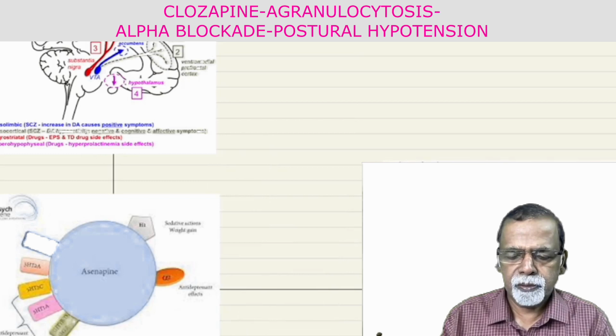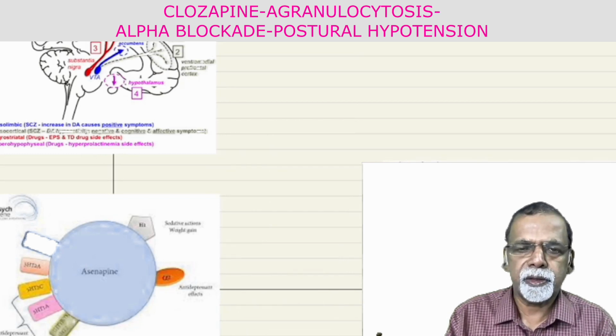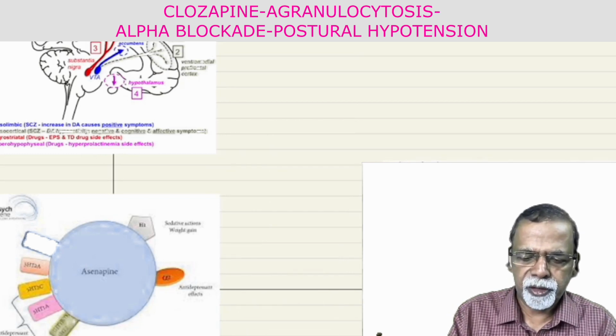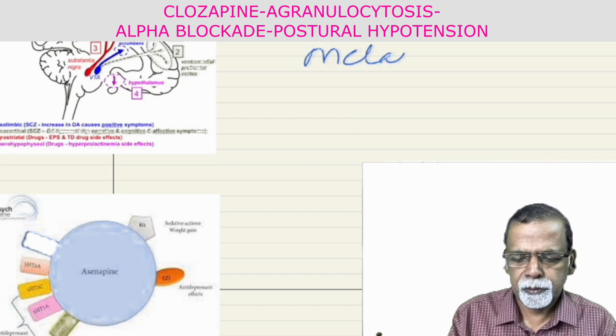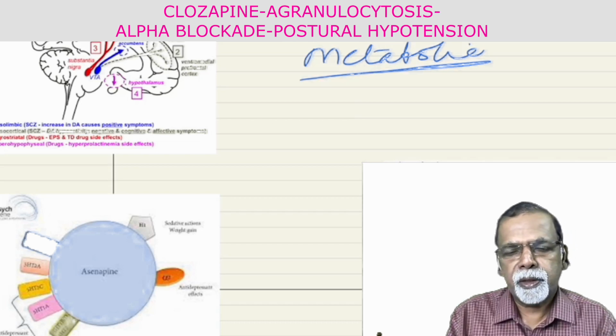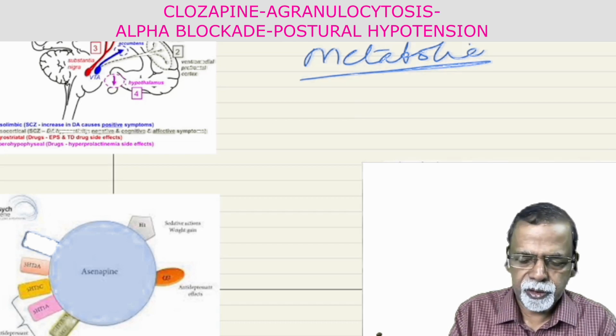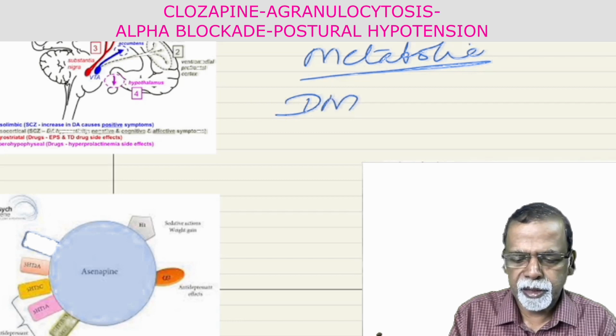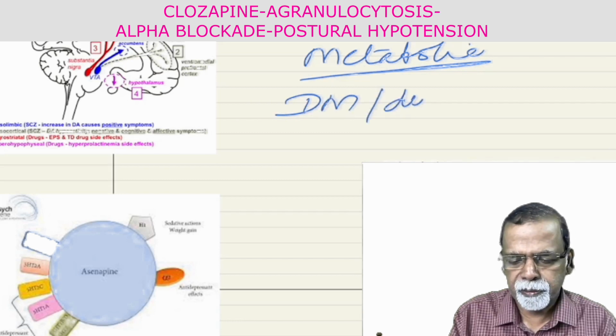Among which, very important for atypical antipsychotics are the metabolic effects. Many of the antipsychotics, especially the atypical antipsychotics, can produce diabetes mellitus, hyperglycemia and dyslipidemia.